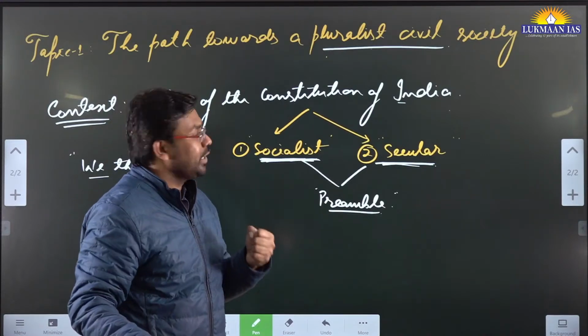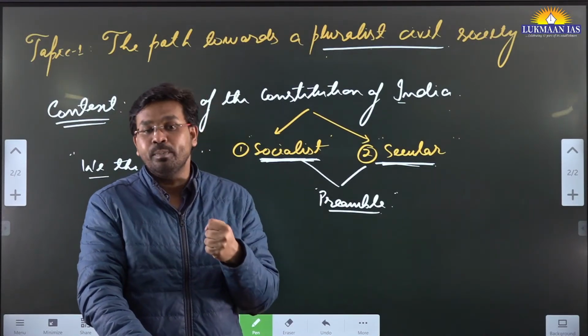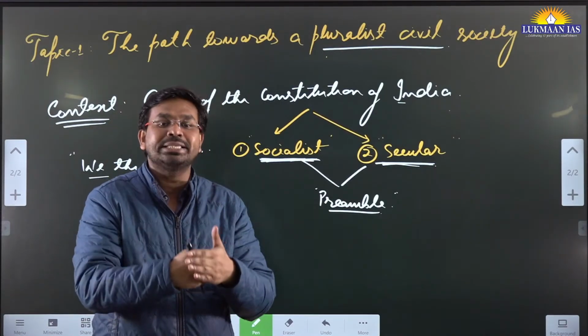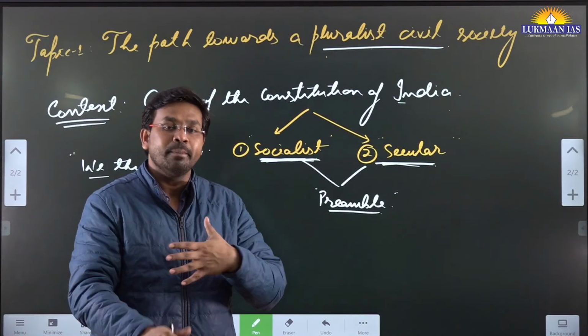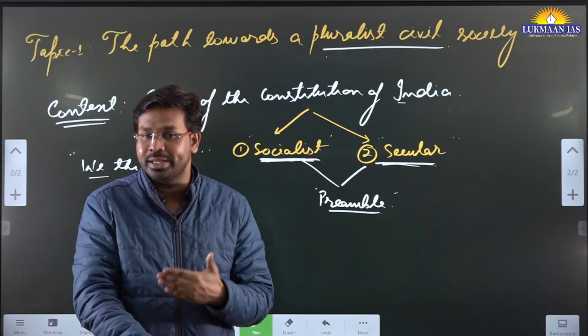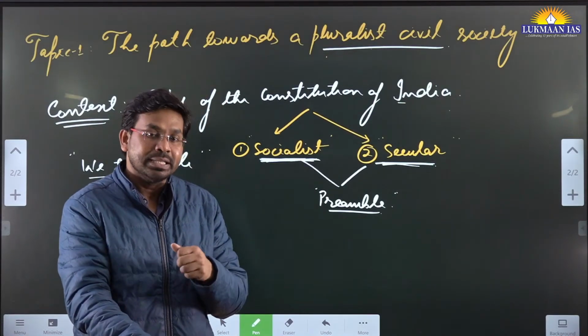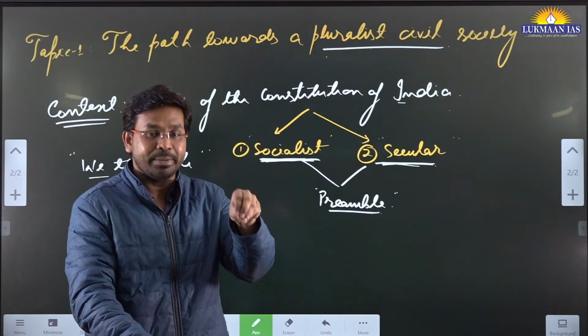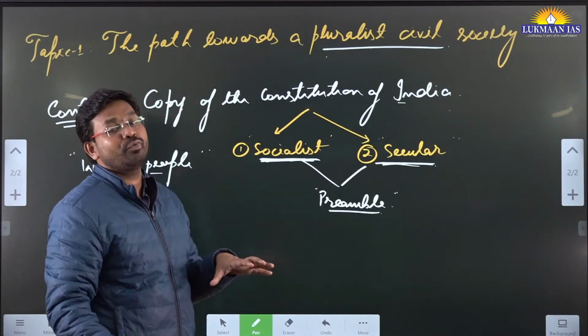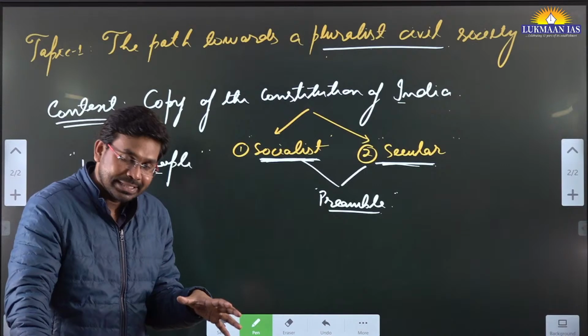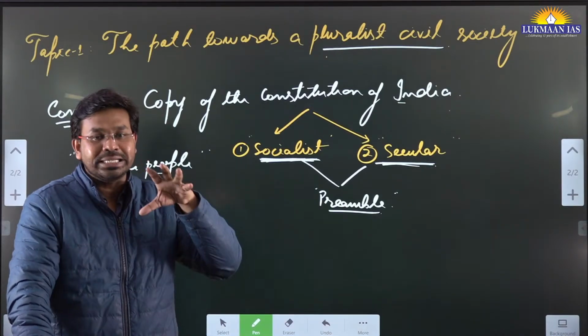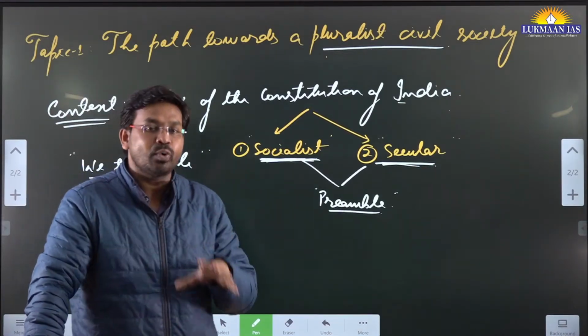So what we need to do is make a cohesive bond between people of different religious denominations. For example, there are people who follow Sikhism, there are people who follow Hinduism, there are people who follow Islam as a religion. So all these people are staying together in harmony with one another.